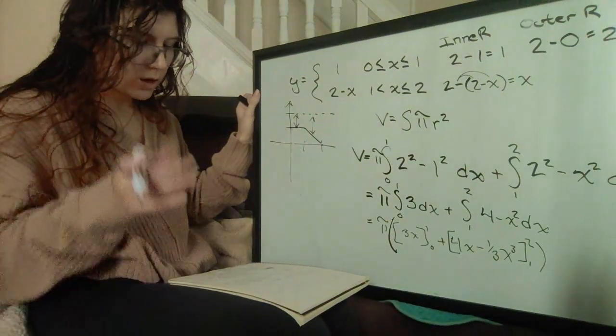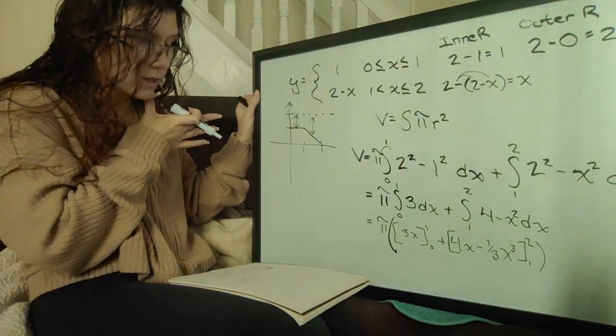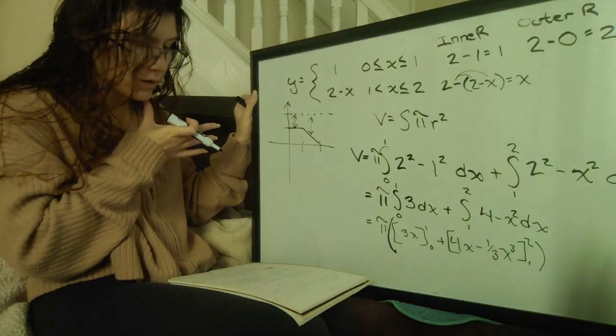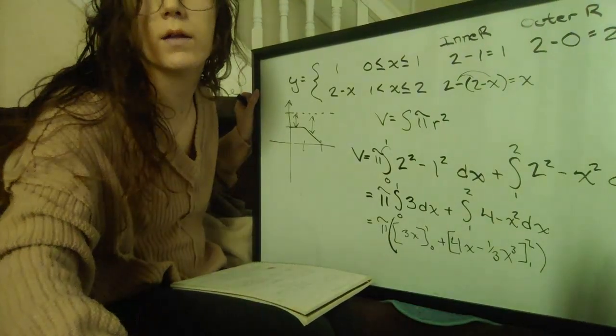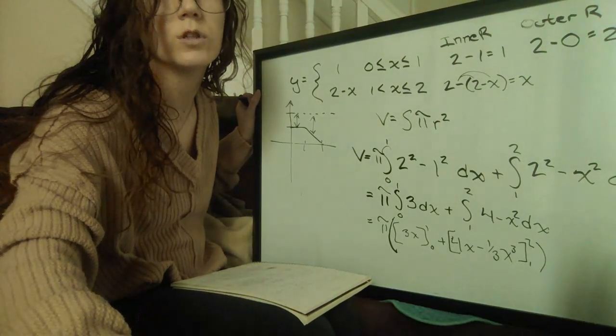There she is. And after computing that out, I get 14 over pi, and I believe that is what she got as well.